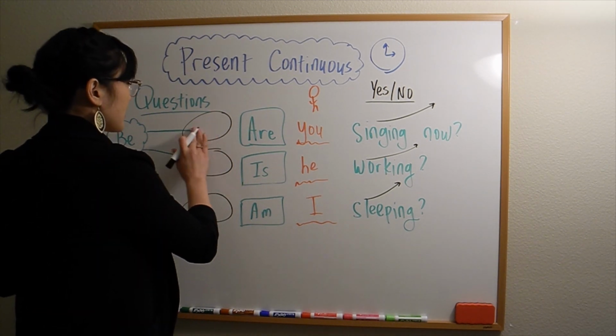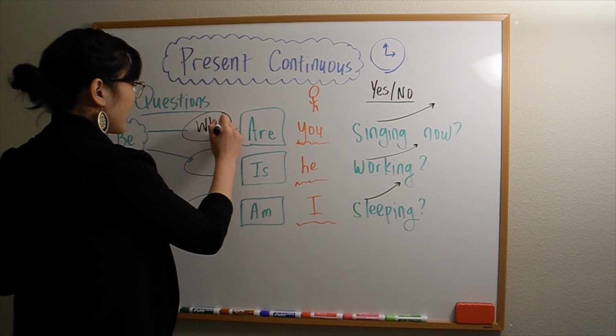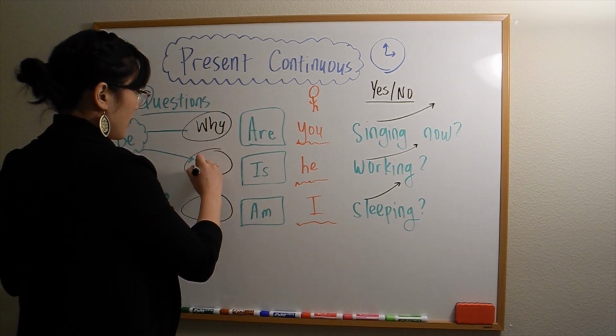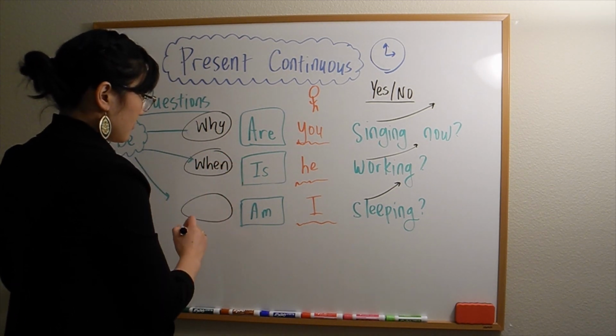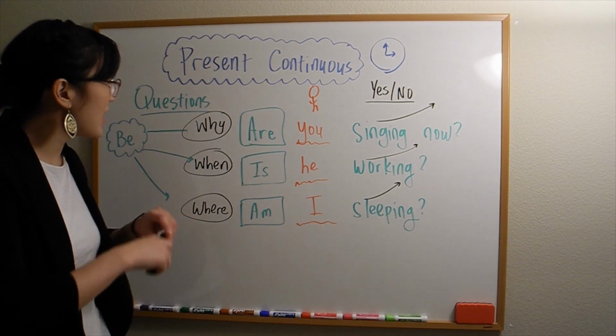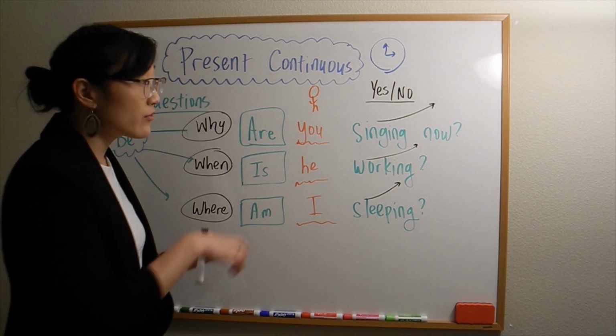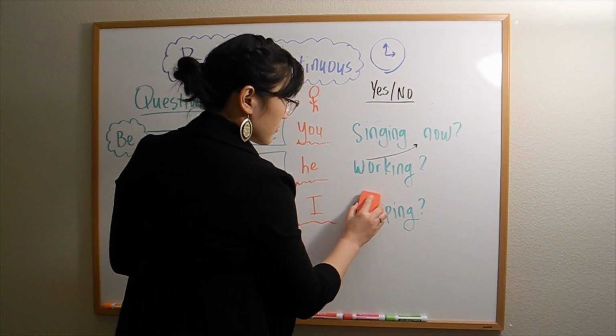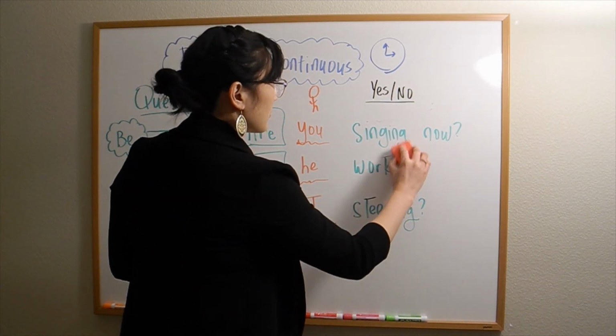So I could ask, for example, why? When is he working? Right? I could ask, now it's more information, so it's going to go down, right? It's going to go down.